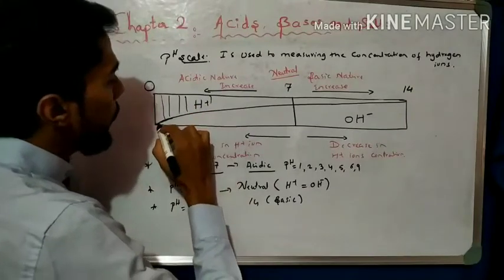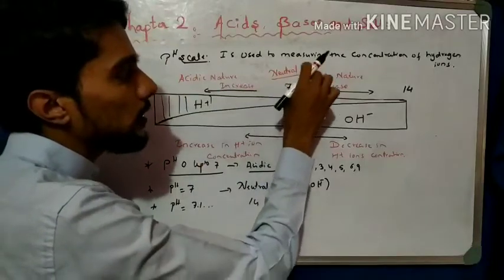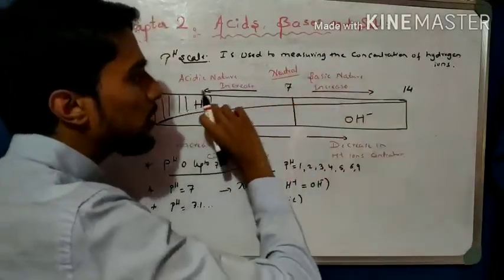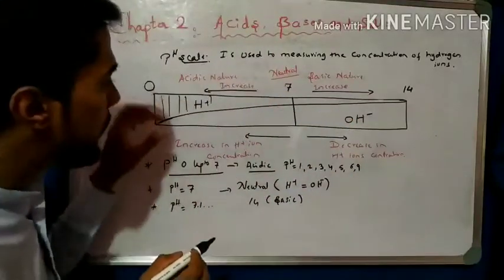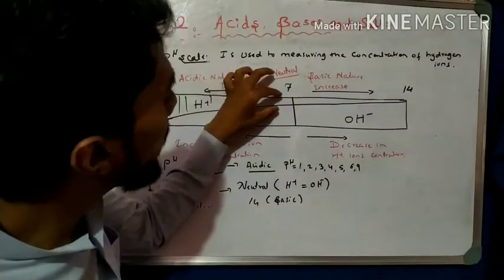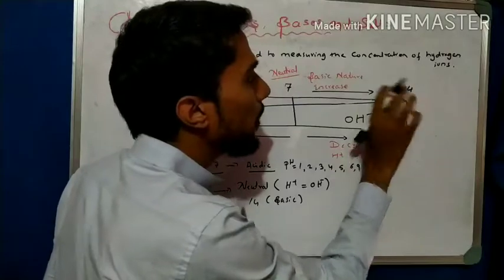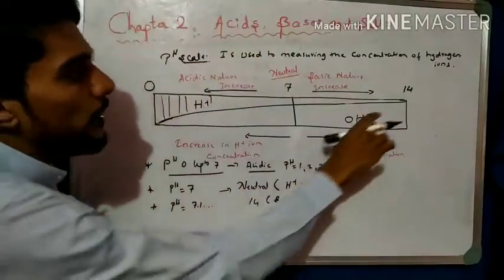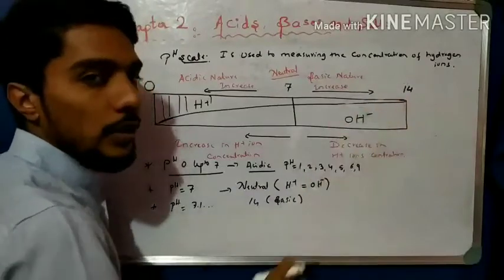When we increase the pH value 0, 1, 2, 3, 4, 5, 6, 7, 8, 9 to 14, we observe a decrease in the H plus ions; the area of H plus ions decreases. See, there are more H plus ions here. When we increase the pH value, this area is decreasing, and it is minimum at 14, where the concentration of H plus is very low.